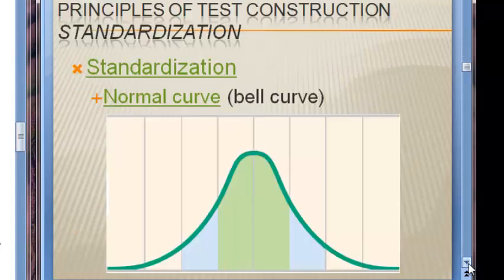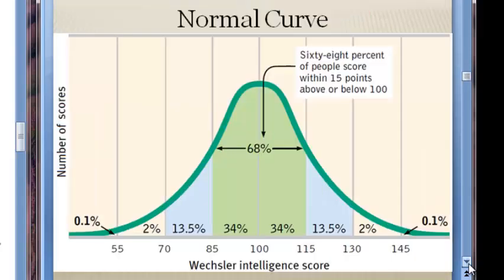First of all, in terms of test construction, the test has to be standardized, which means it's given to a population of people so that we can figure out what our statistical mean is, and then it falls along the bell-shaped curve, or the normal curve, from there. We'll talk about standardization in a little bit.